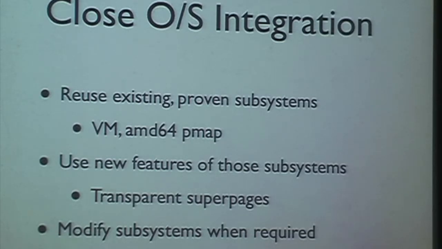In fact, if we had implemented our code before it existed, we still wouldn't have had to do anything, because it's part of the VM system and doesn't really reach down into the lower layers. Also, being part of the OS, we can modify these subsystems when we need to. If you look at VirtualBox, they have a much harder job because they're not really part of the community. We had to make changes to the pmap subsystem. Normally that's considered an area of code that you really don't want people to modify, but we had the support of the maintainers of that subsystem, so we were able to do that.